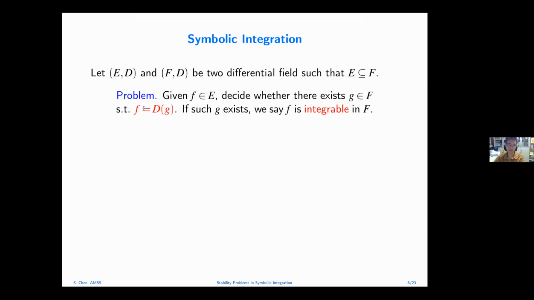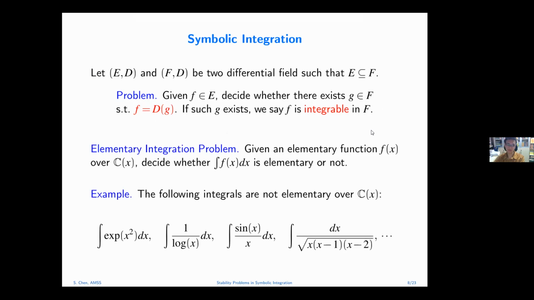So g is the antiderivative of f. In symbolic computation, usually you need to specify what E and F are. And if such a g exists, then f is integrable in F. So, for instance, if F is the field of elementary functions, and an elementary function has an elementary antiderivative, then we say this is elementary integrable.